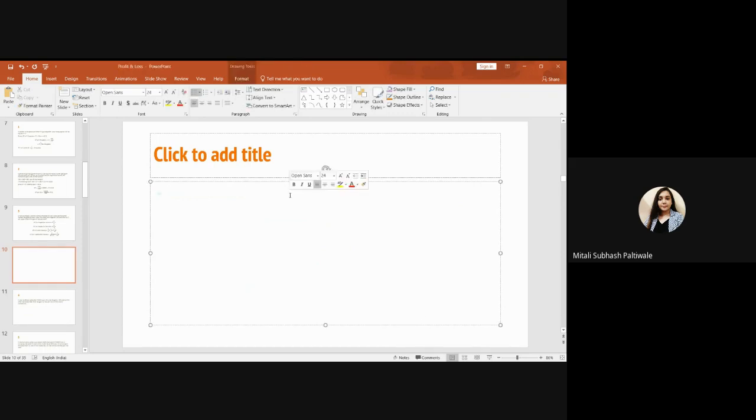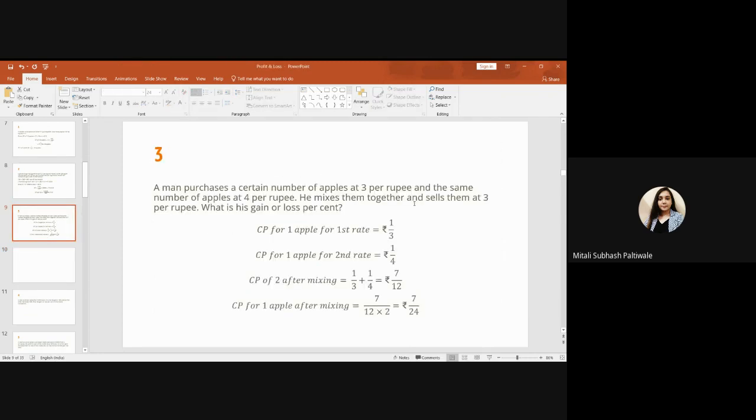Okay, so now let's move on to another slide and find out what exactly would be there. As mentioned over there, he has to sell three apples again for rupees 1.